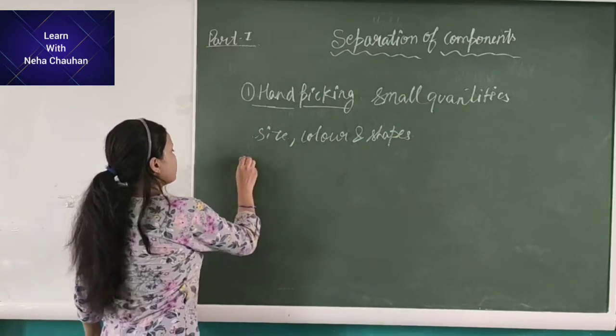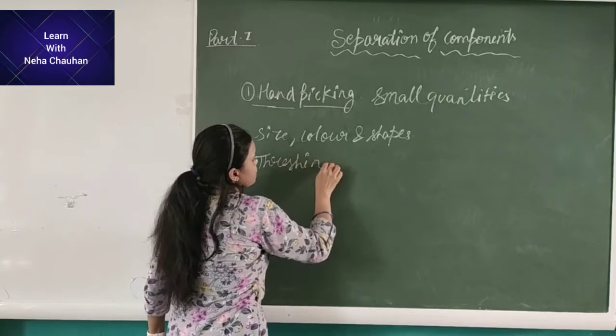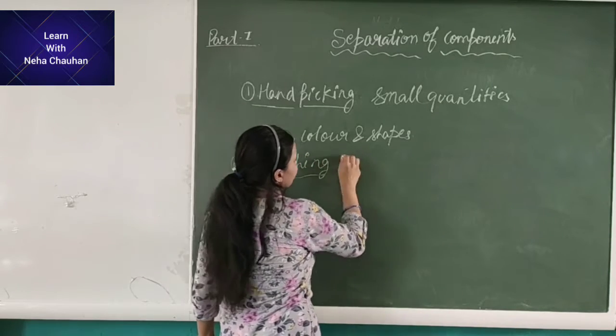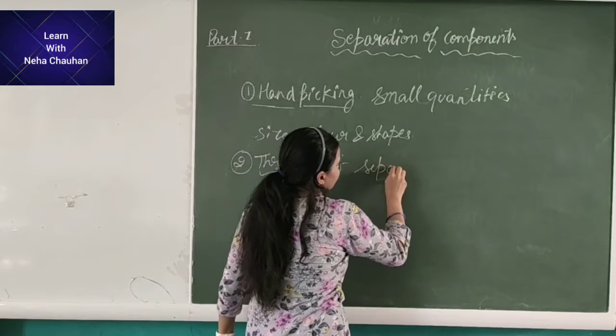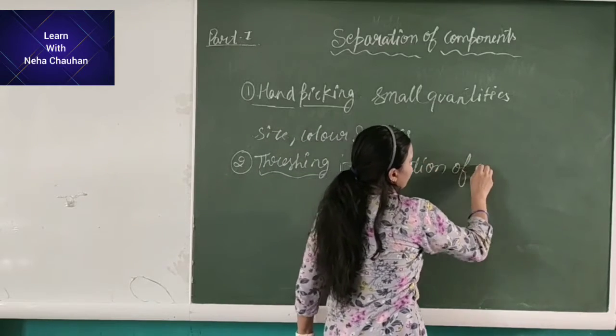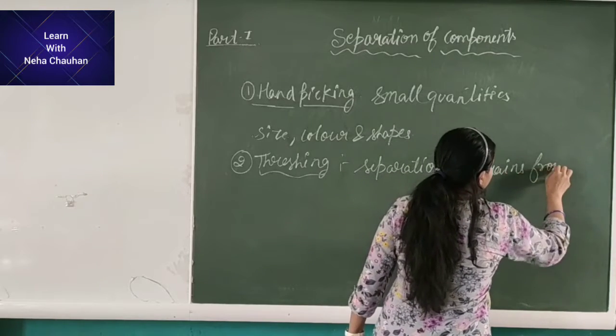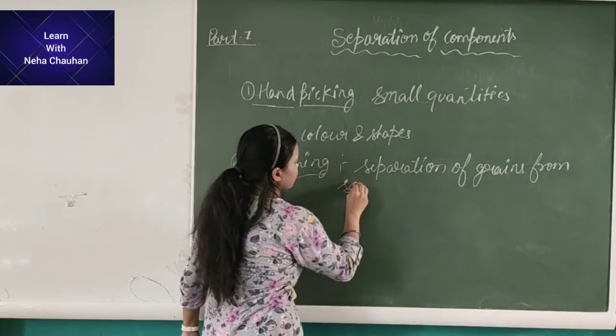The next method is threshing. So what is threshing? Threshing is the separation of grains from stalk.